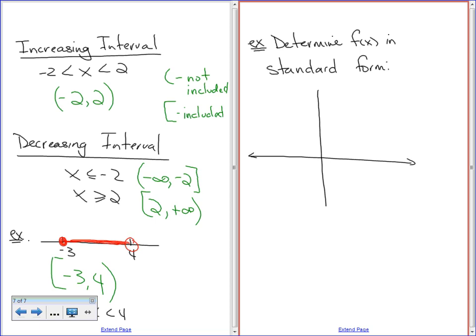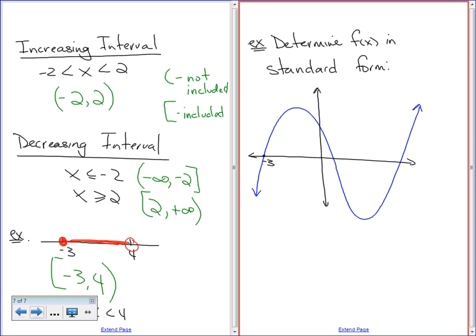I'm going to give you a graph of a function, and then I want you to tell me what the equation of that function is in standard form. I'm not going to draw it to scale. In order to figure out the equation of the function, the first thing you need is the zeros of the function. Once you get the zeros, you can put it into factored form. So you need these points right here.